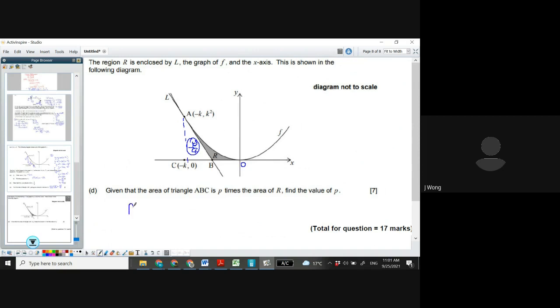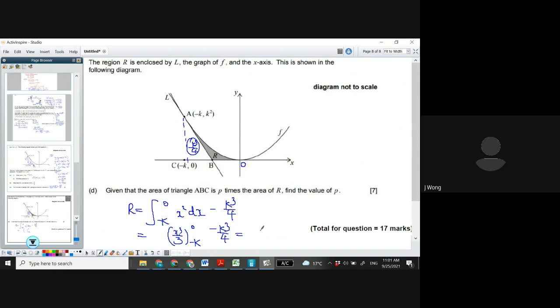So the region R will be the integral from minus k to 0 of x squared, taken away from k cubed over 4. So we'll have x cubed over 3, from minus k to 0, which, sorry, that should be x cubed here.